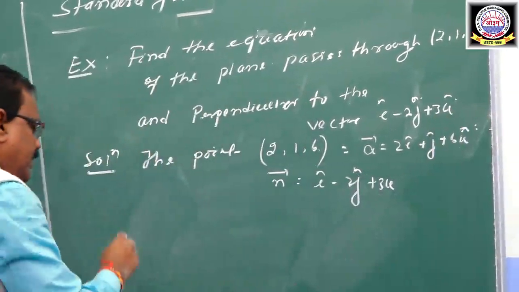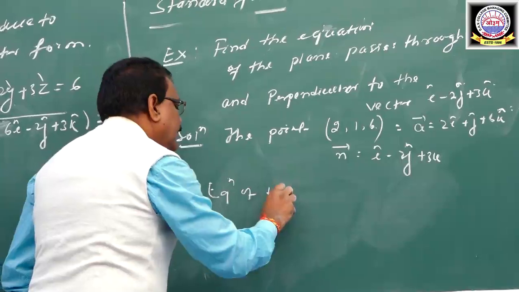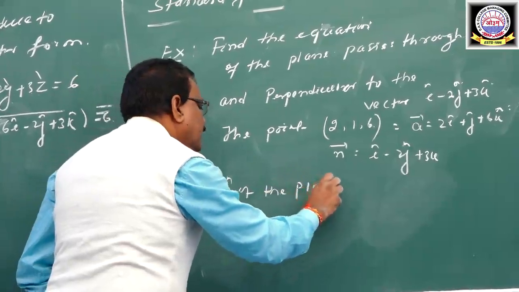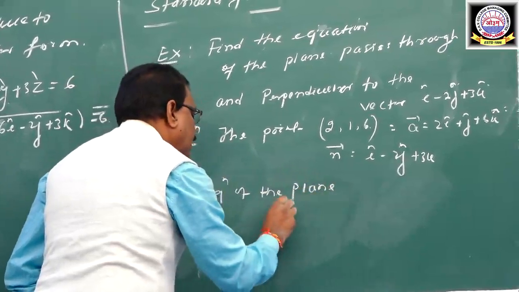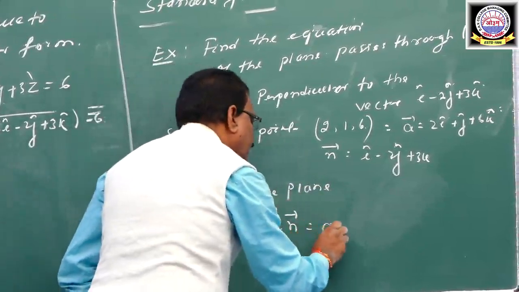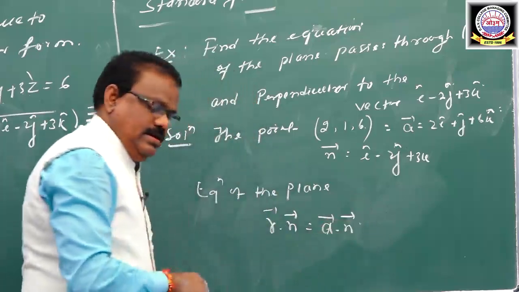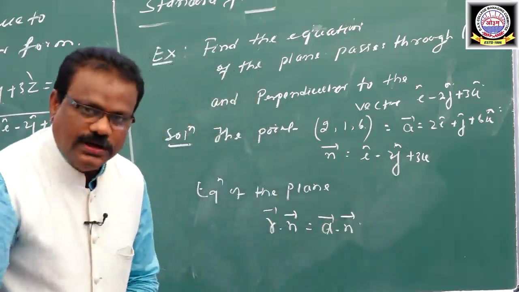Now the equation of the plane: r dot n is equal to a dot n.